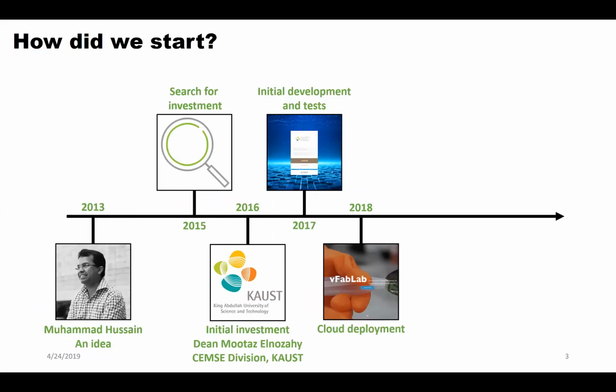And back in the later part of 2018, we started working with the KAUST Information Technology Division as well as the Google Cloud Service, so that we have two different deployments.